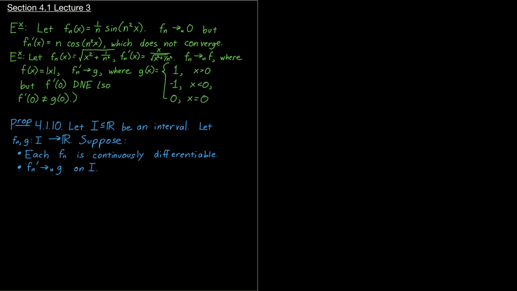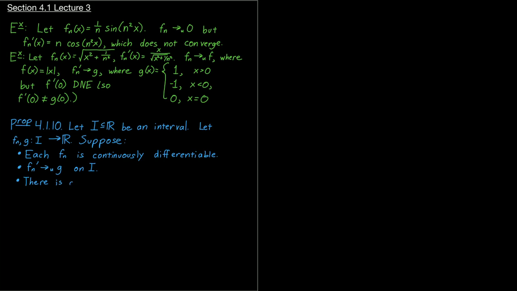And the third thing we're going to need is that the f_n's converge at least at one point. We're going to end up proving that if they converge at one point, they converge at all points.